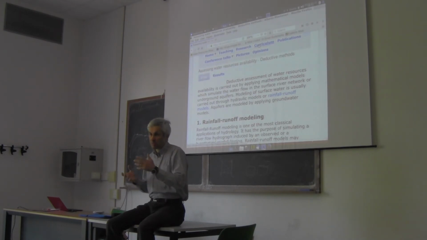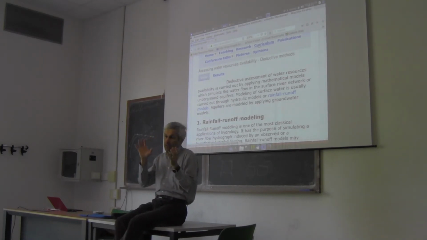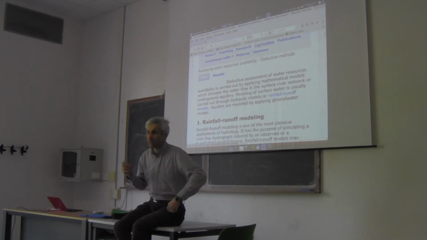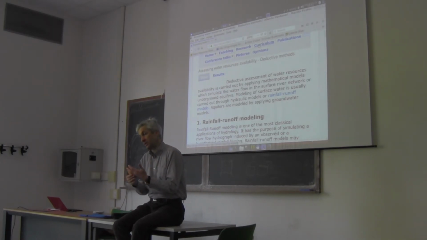And typically these problems are very practical, and these problems involve some societal exposure, some societal risk. This is typically the task of an engineer. The engineer usually doesn't study for the pure sake of knowledge. There are scientific disciplines where people study for the pure sake of knowledge, and there is no direct connection with the practical societal need. There is the societal need of gaining knowledge, but not in all disciplines.